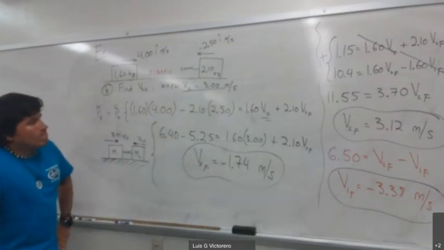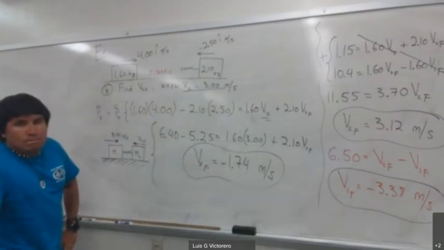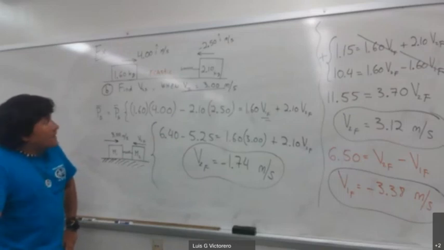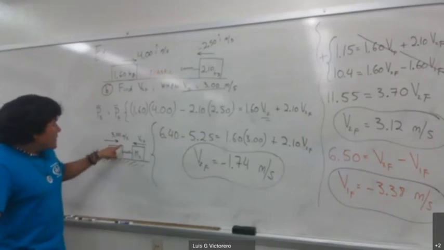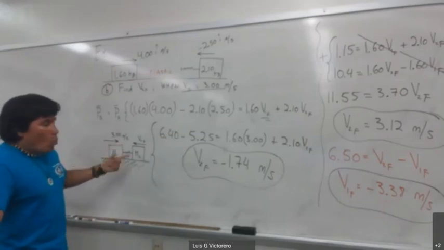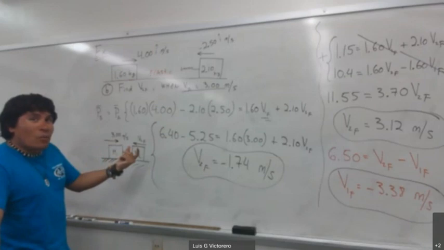Now, what about that spring? Part C, they give you the constant of the spring, 600 newtons per meter. They want to know at this instant what's the value of X, the compression.